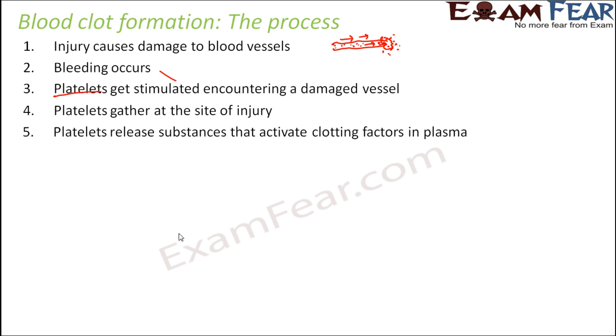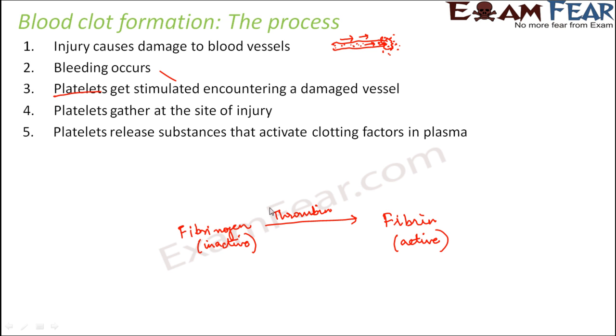So what happens is, let us suppose this was the fibrinogen which is present in plasma, but it was inactive in plasma. Now this fibrinogen gets converted into another protein called fibrin, and this protein is active, and this happens in the presence of another substance called thrombin. Now from where do we get this substance thrombin?